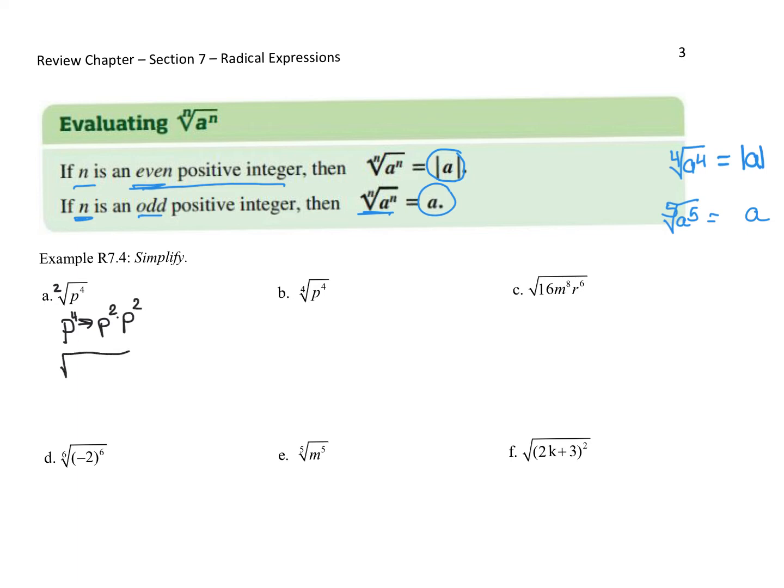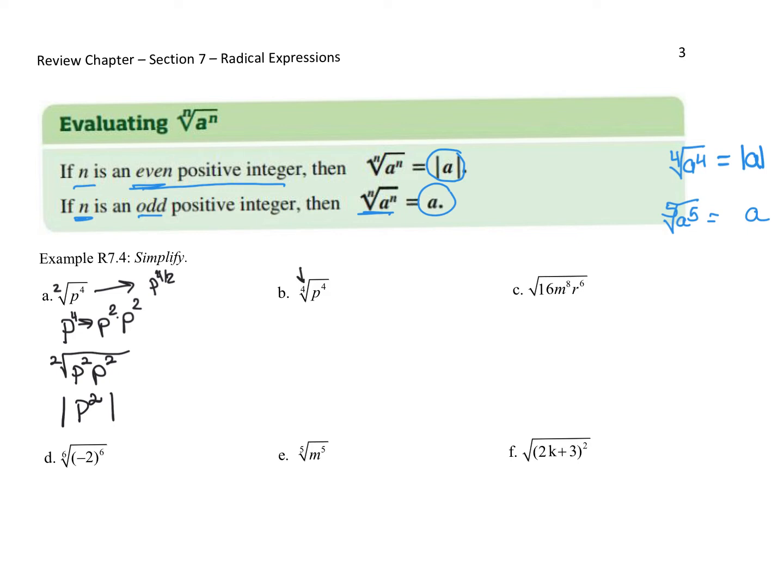That gets me the square root of p squared times p squared, which is the same thing as saying p squared. The other way you can look at it is p to the power over root: 4 divided by 2 is 2, p squared. And because all these numbers were even, the 2's, I have to actually do the absolute value of p squared.